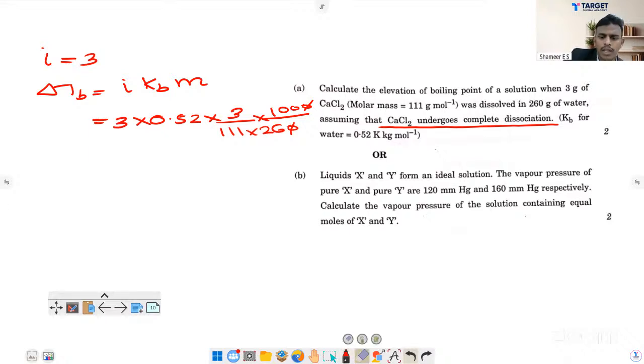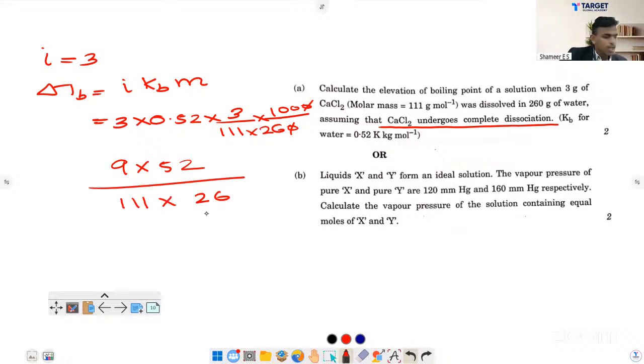I'm not doing the complete one, but still I'm doing a little. 9 into 0.52, we can write 52. 3 into 3, 9. 52 divided by 111 into 26.